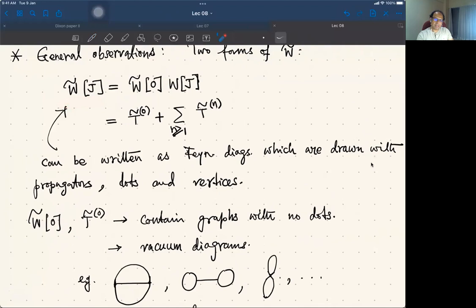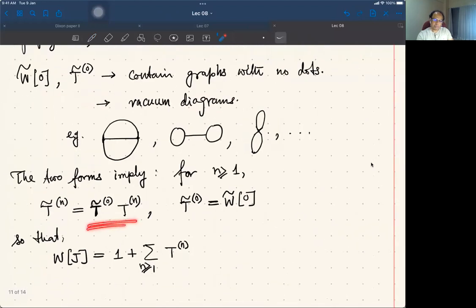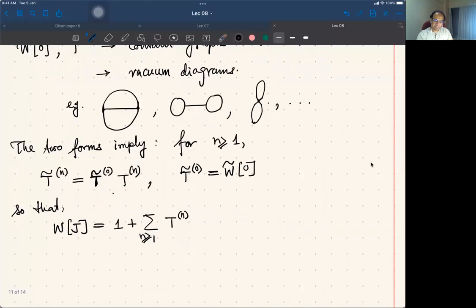That is because T tilde n has a structure like this: a vacuum diagram multiplying another diagram which has n dots, that is, has j's. That is only possible if these two diagrams are disconnected. There are two factors, so these are disconnected diagrams.